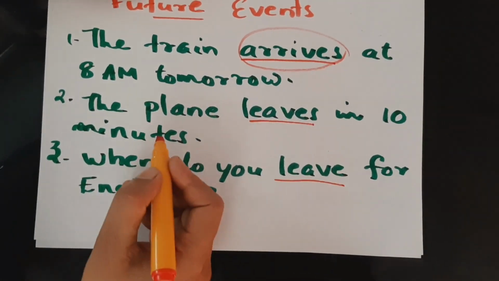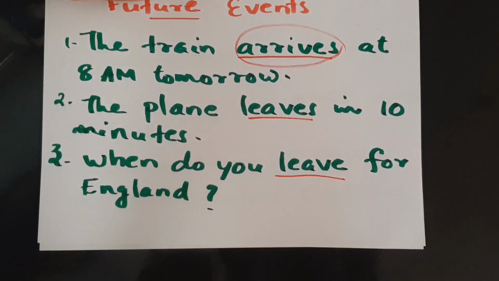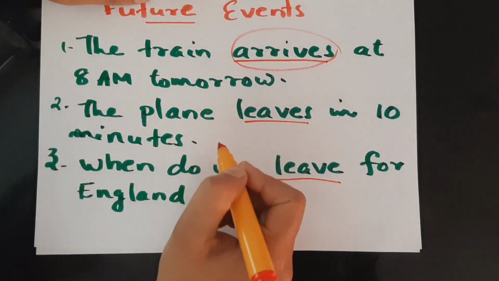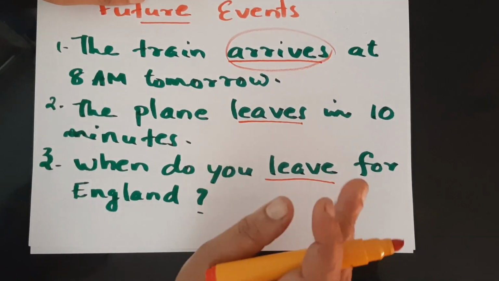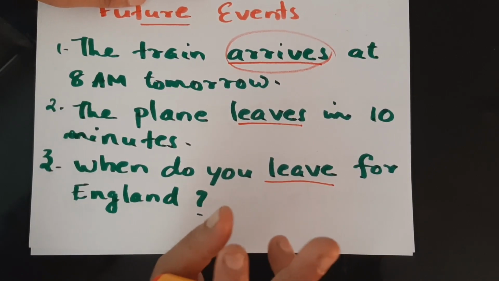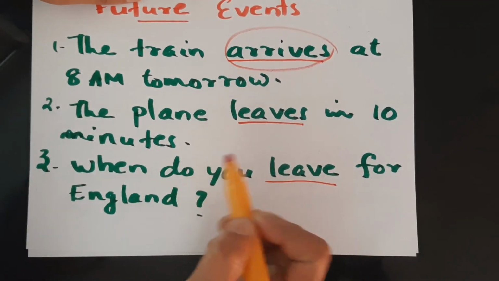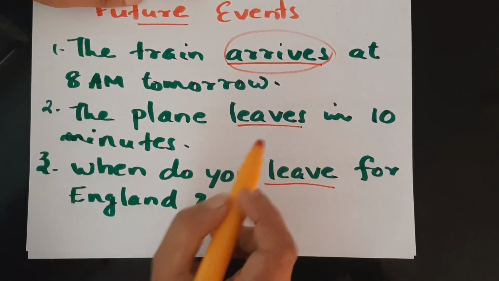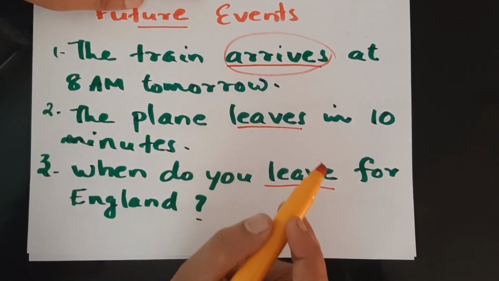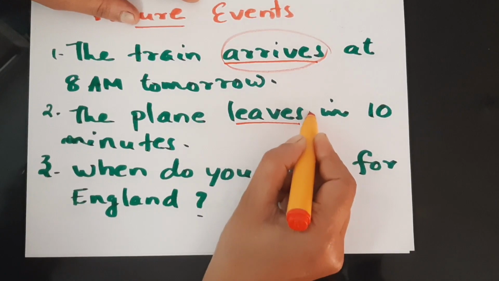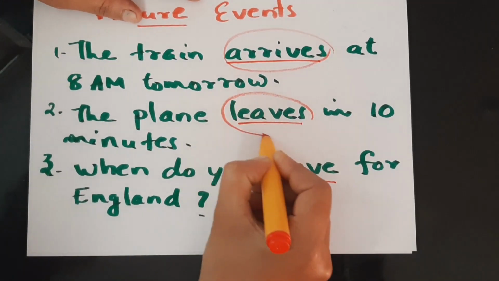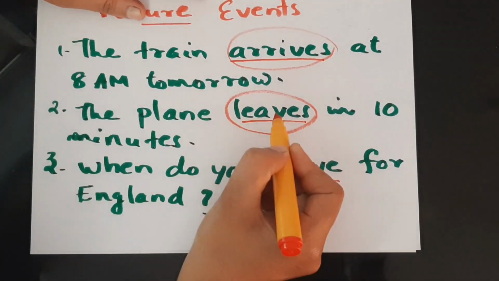Next one, the plane leaves in 10 minutes. The plane takes off according to a schedule, no? The plane leaves in 10 minutes means within 10 minutes it will leave. The reference is future, but here again we used simple present tense, leaves.